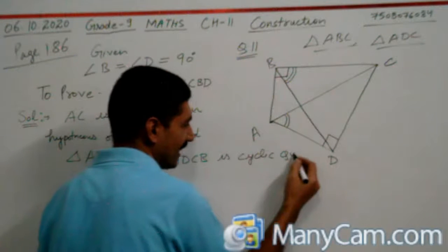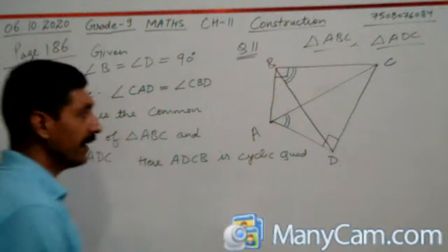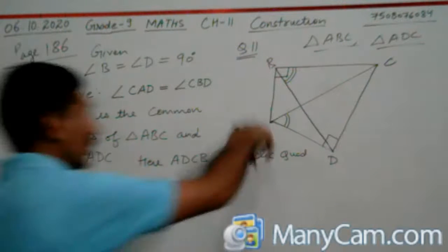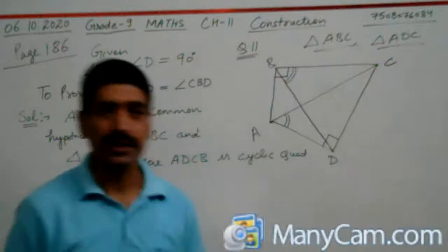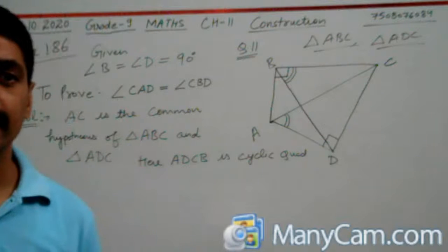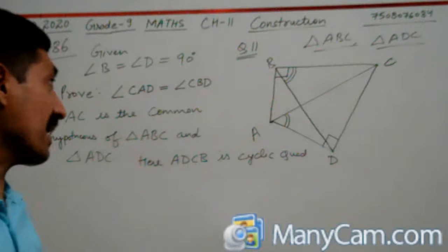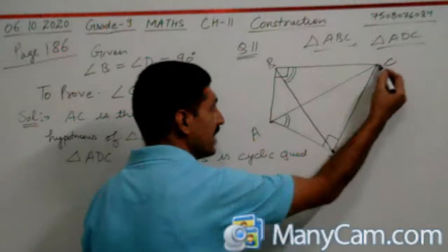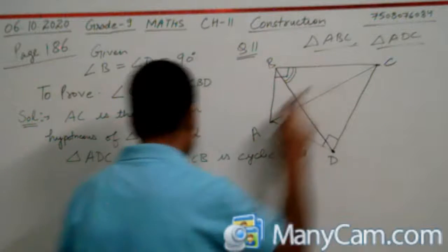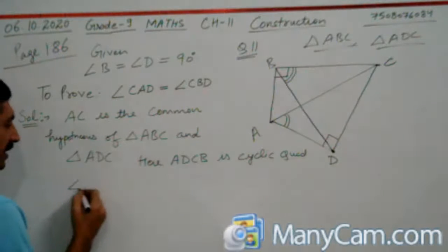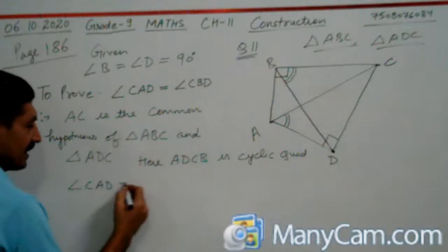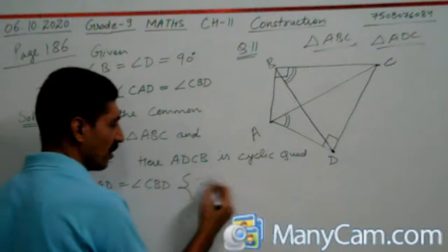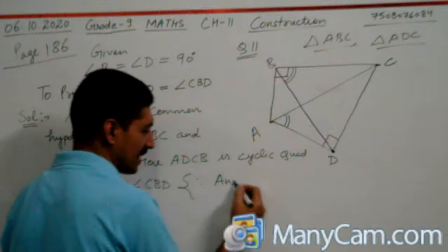And if it is a cyclic quadrilateral, there is always one circle which will pass through these 4 points, and angles on the same segment from these 2 points B and C. The angles on the same segment, you will write angle CAD is equal to angle CBD. You will write here the explanation because they are the angles on the same segment.